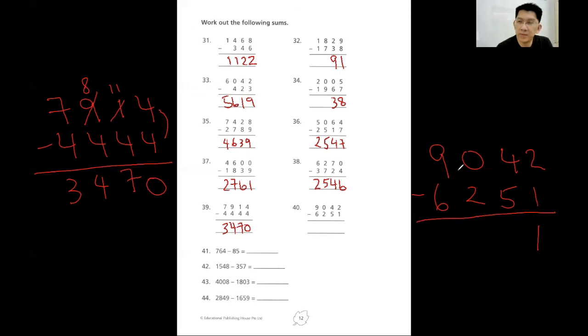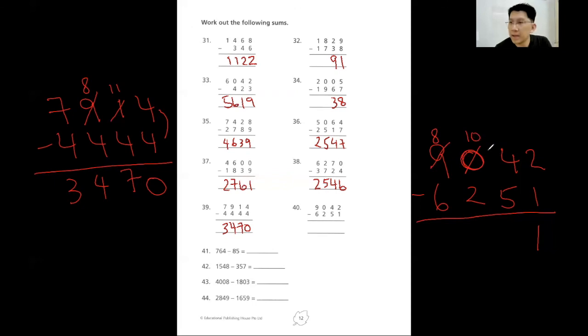Okay. So if you take 1 from 9, that leaves 8 here. And then the next group gets 10. 0 plus 10, 10. Okay.